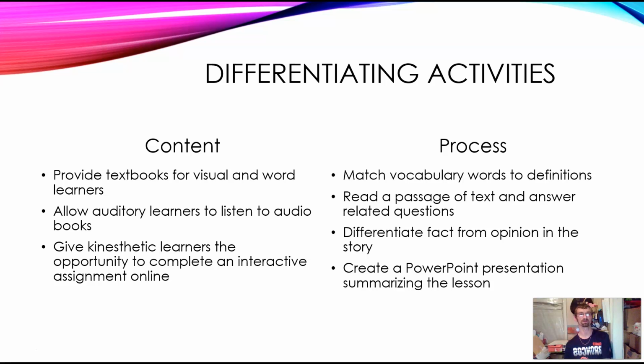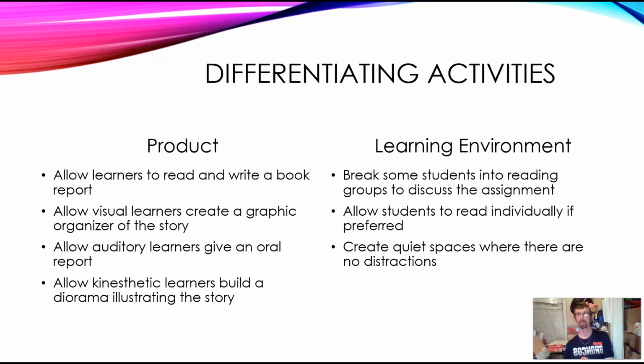Process, whether you're matching vocab words to definitions, differentiating fact from opinion in a story, or even creating a PowerPoint presentation to summarize the lesson. Product, you can allow learners to read and write a book report. For your visual learners, they could make a graphic organizer of the story and share it. Auditory learners, they could give you an oral report. And this is really just meeting the needs of each individual learner and how they learn.